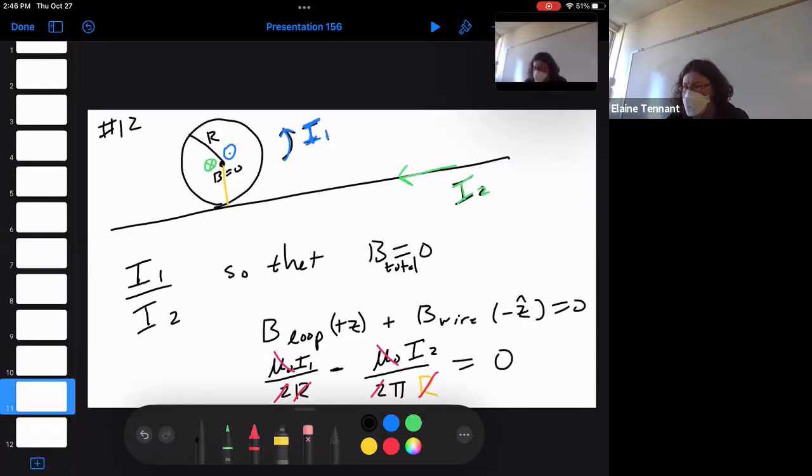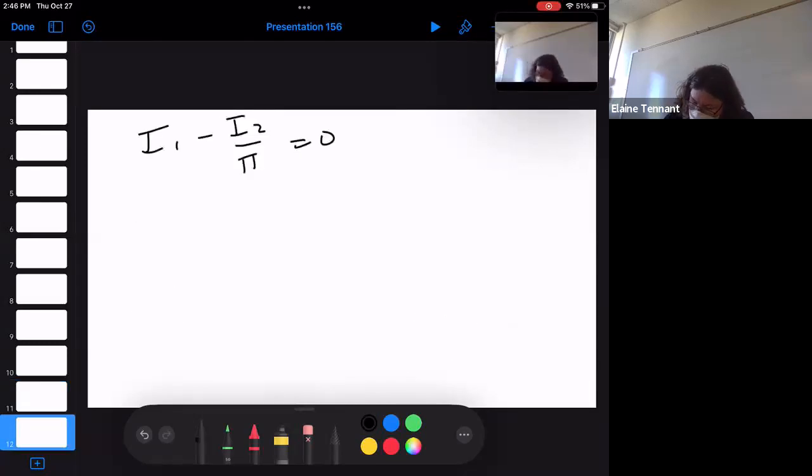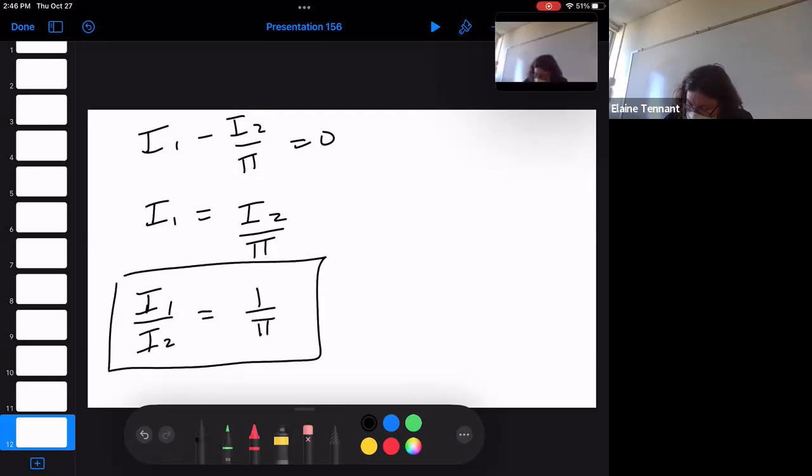And since we wanted the ratio, so we want I1 over I2, let's arrange this so it's I1 over I2. So I move I2 over pi to one side, and then I divide both sides by I2 to get 1 over pi. Sound reasonable? Excellent. Okay. That makes sense?